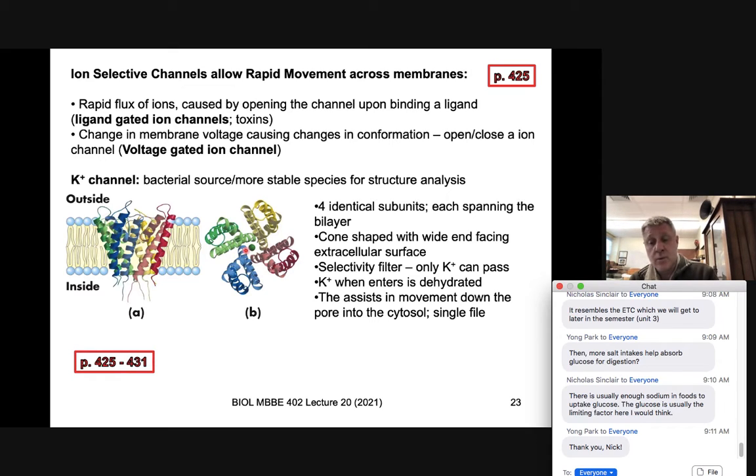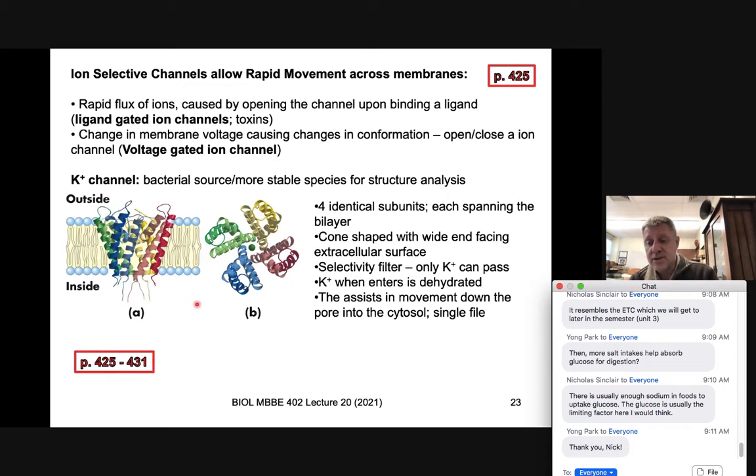Now, this change can also occur in a separate family of ion channels, voltage-gated ion channels, where we've seen that positive and negative charge either side of the membrane at minus 60 to 70 millivolts. But we can see fluctuation and changes in that voltage difference to cause an action potential.